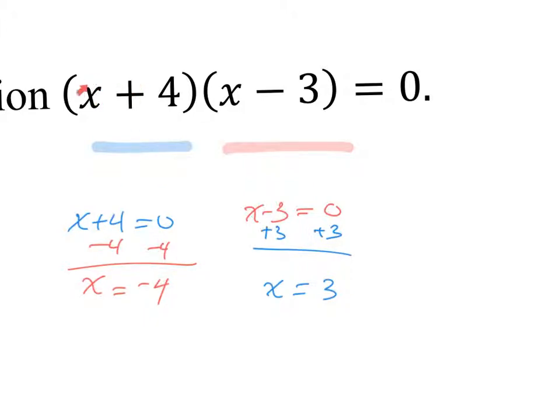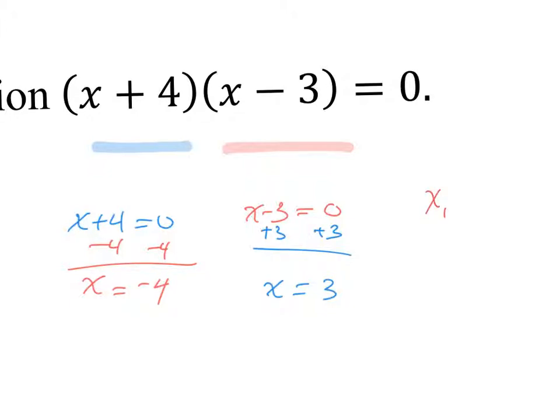If x was -4, -4 plus 4 is 0, and -4 minus 3 is -7, and 0 times -7 is 0. So you know that this one works. 3 plus 4 is 7, and 3 minus 3 is 0, and 0 times 7 is 0. So you know that that works, and your answers are x equals -4 and x equals 3.